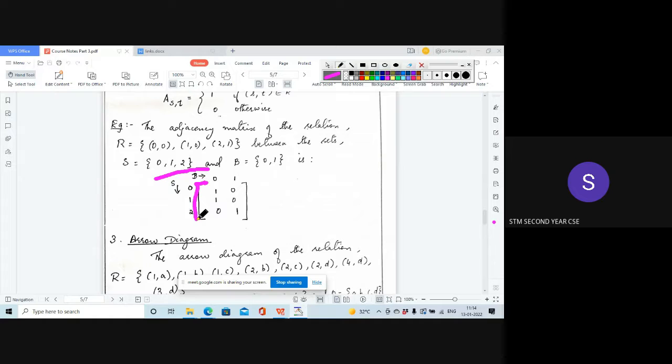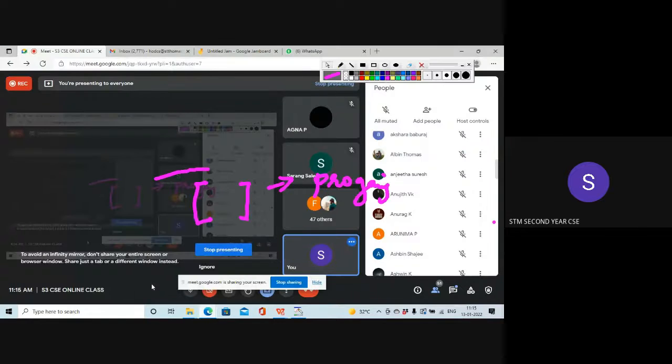Inside that, you represent the elements. This is the most common method which we use for programming. In programming, we use this matrix. The matrix is the most common method for representing relations. So these are the four methods for representing relations. It's very easy. You can just read through and find out what the methods are. Okay. Then next.